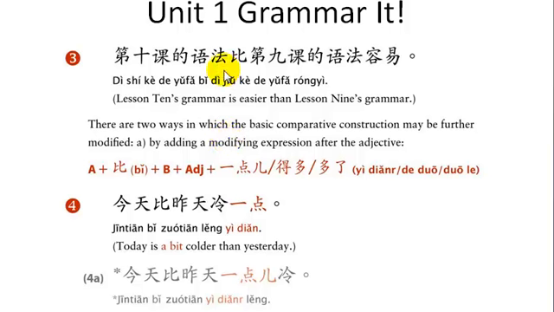So it's the grammar in lesson 10 is easier than the grammar in lesson 9. So the word order and the construction of these sentences in the two languages are completely different. Lesson 10's grammar is easier than lesson 9's grammar. It's the way they have it here. 低10克的语法比低9克的语法容易.